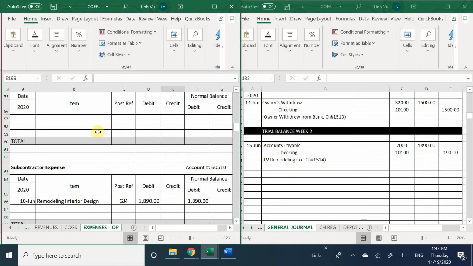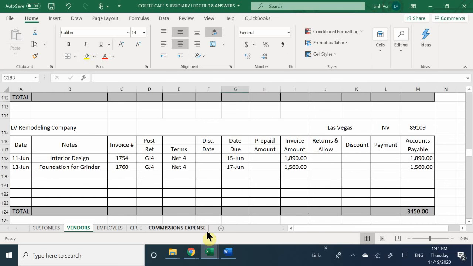Because you received a bill, your responsibility now is to pay the bill. The job is already done. If we look at our transaction from when we received the bill on the 11th, we recognized that it's due on the 15th. And what is today? Today is the 15th.